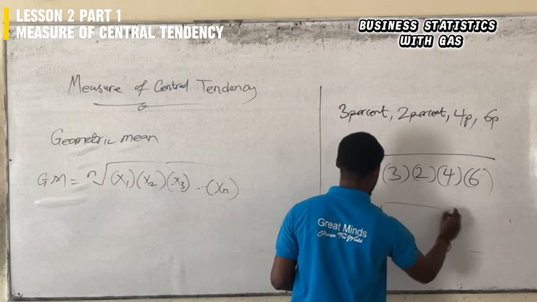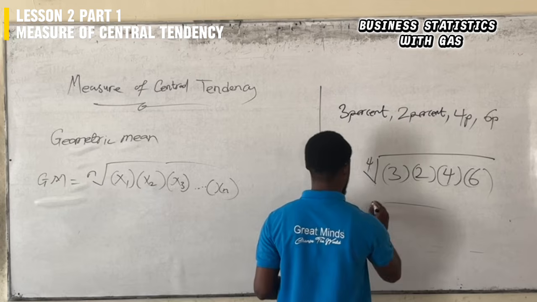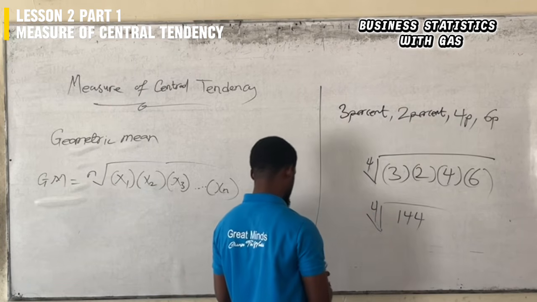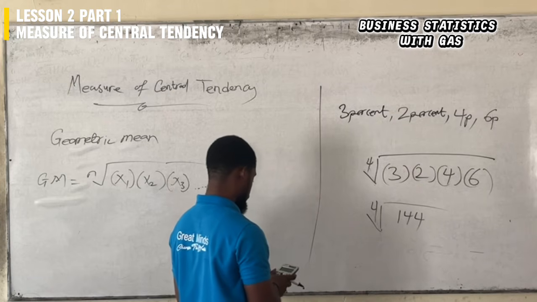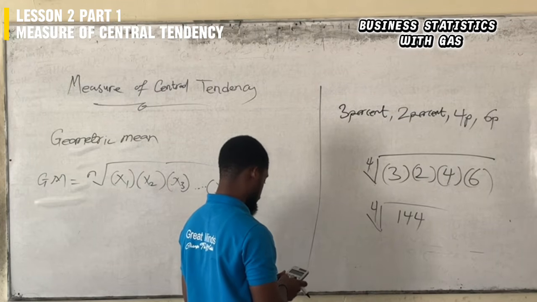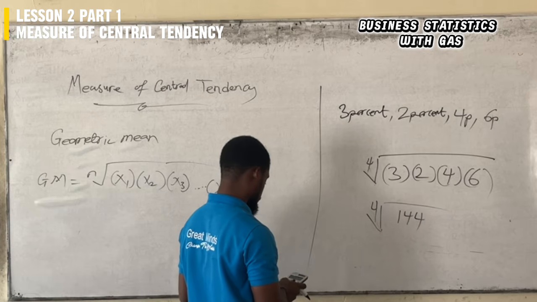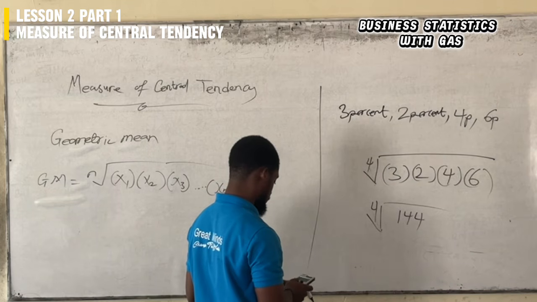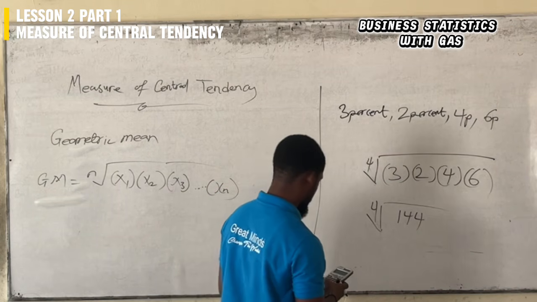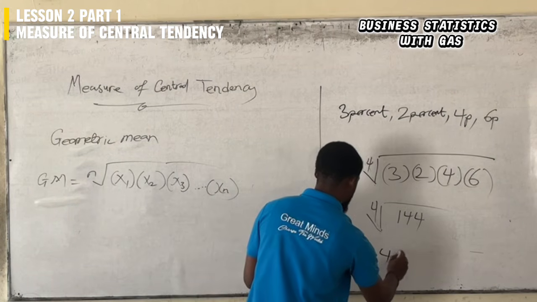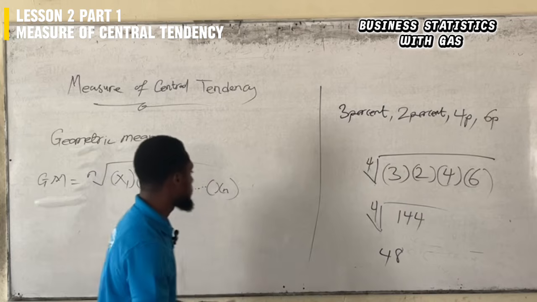So this is what we are getting. You are getting 48.